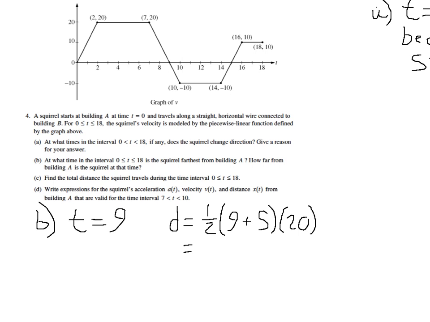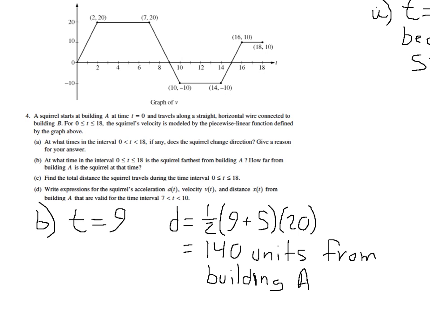Multiply that all out, and you're going to get 140 units from building A. Okay, so that's part B. They don't really ask for a justification here. They just want to know how far it is away. We know why that is the distance, but they don't ask us to explain that this time.